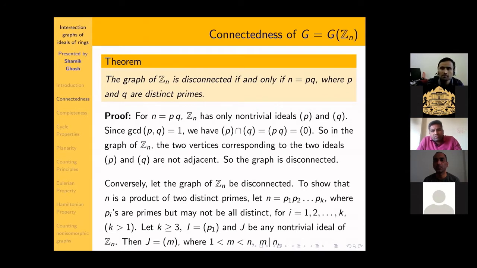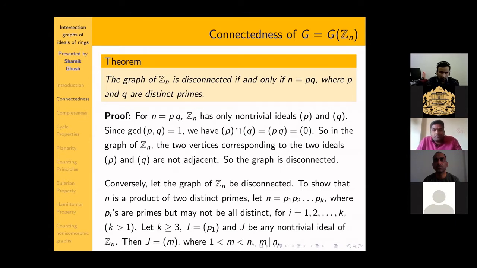We started with the connectedness of the graph of Zn in particular. Our result is that it is connected only for a single class of graphs, where n is just the product of 2 primes. It is the graph with just 2 vertices and no edge between them.